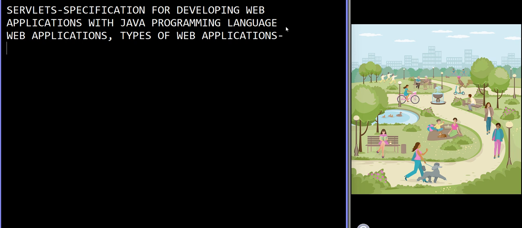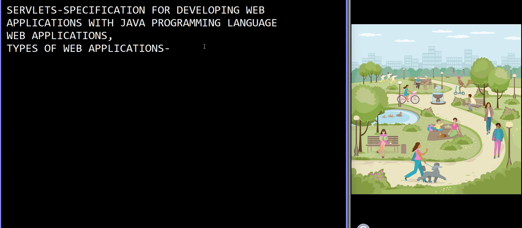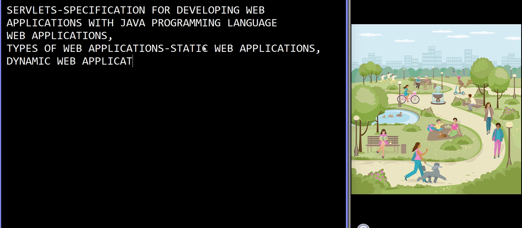In these types, we will see static web applications, which are similar for any user, and dynamic web applications, which are unique for any user.